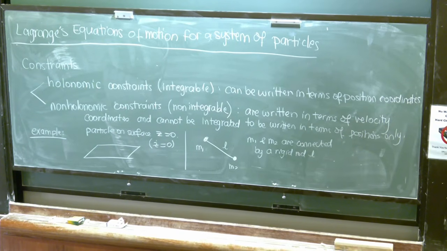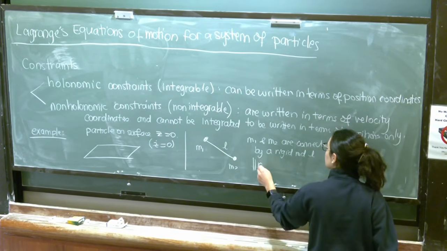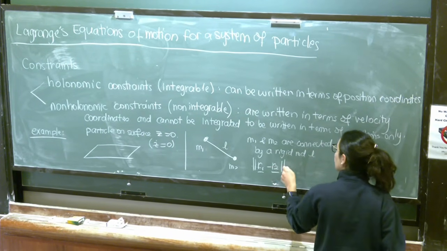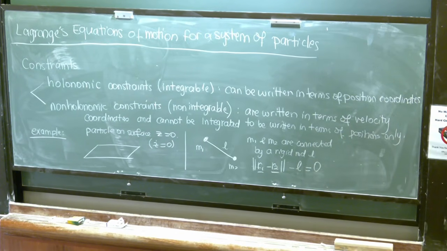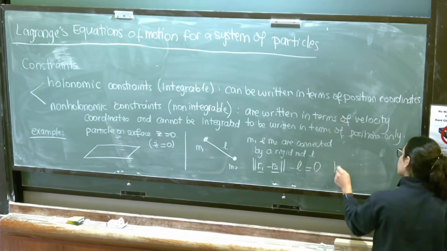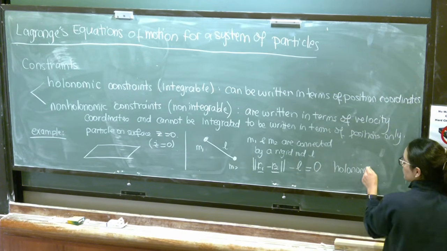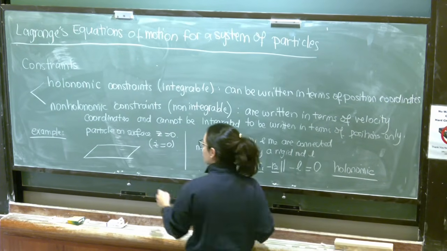To be able to answer this question, we need to think about how I can write this constraint mathematically. It's holonomic, right? Why? How can I write it down? The magnitude of the position vectors, |R1 minus R2| minus L is equal to 0. So this is a constraint that I've written in terms of the position coordinates, the position vectors. So it is a holonomic constraint. This one too was holonomic.